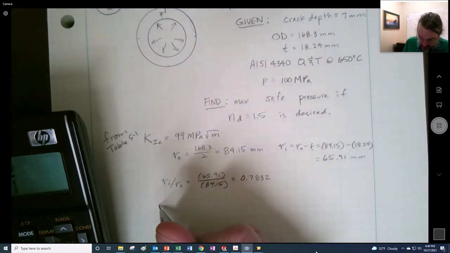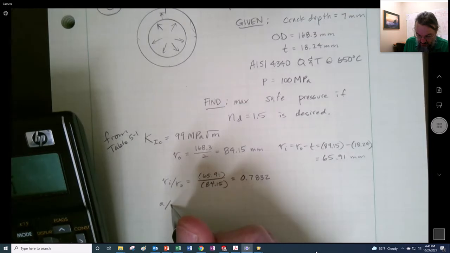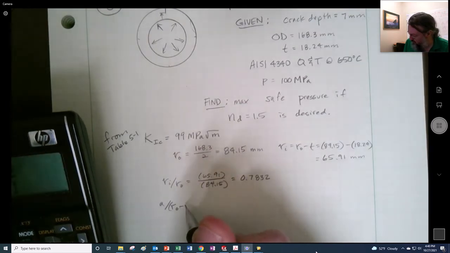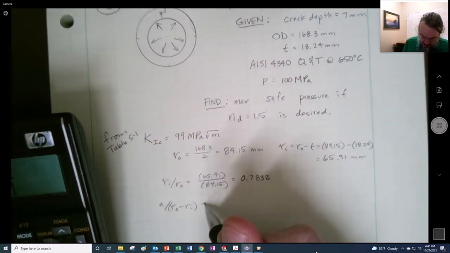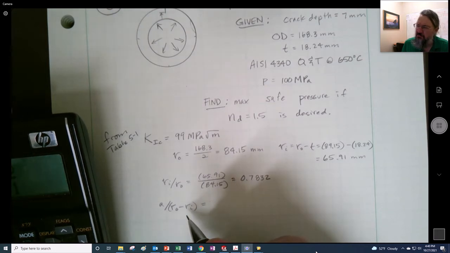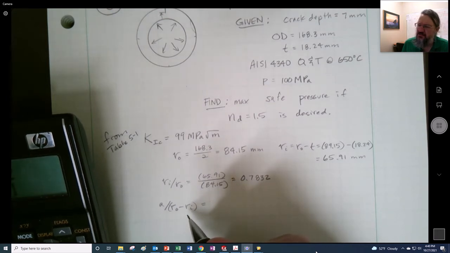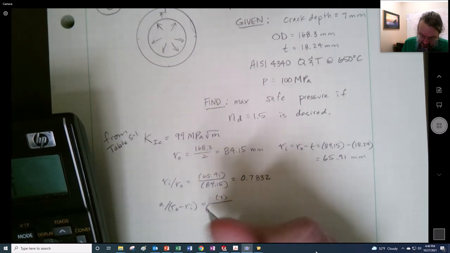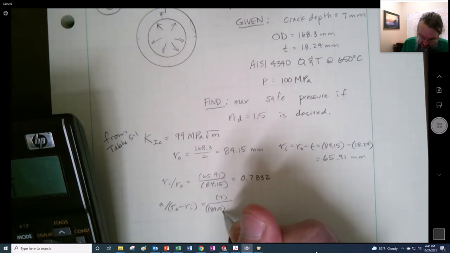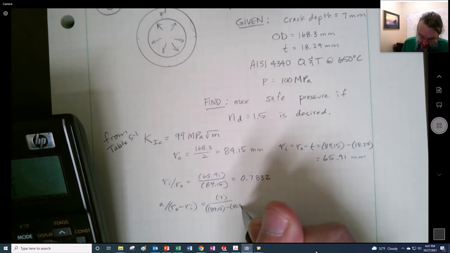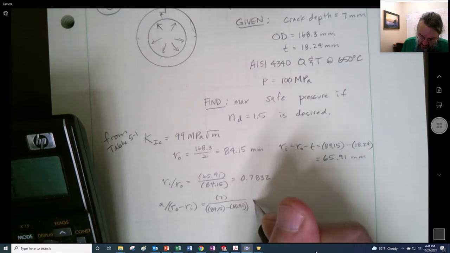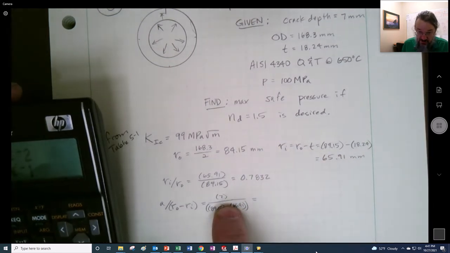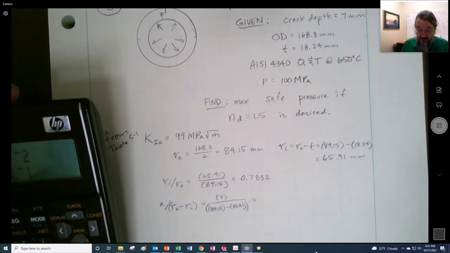And then we have a divided by Ro minus Ri, which should just be the thickness. That should just be the thickness, so why don't we just do that, even though it's kind of ridiculous. Ro minus Ri is 84.15 minus 65.91, so that should just be 7 divided by 18.24.